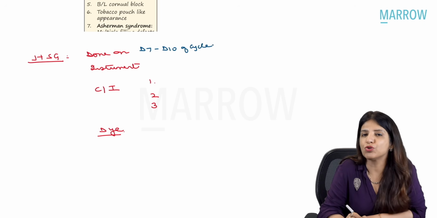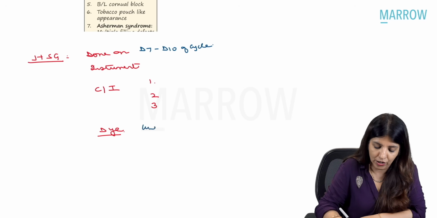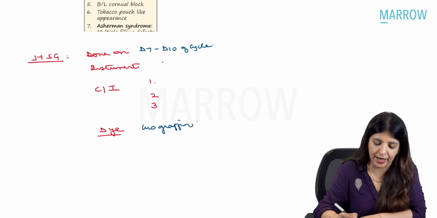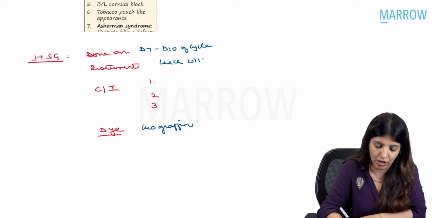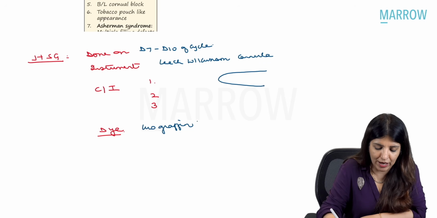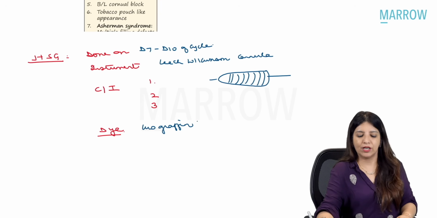The dye which you use in HSG is a water-soluble iodinated dye, urographin. Right, the instrument which you use in HSG to pass the dye is a Leech-Wilkinson cannula. A Leech-Wilkinson cannula will have a proximal funnel-shaped end with serrations like this. Right, this is how a Leech-Wilkinson cannula looks like.